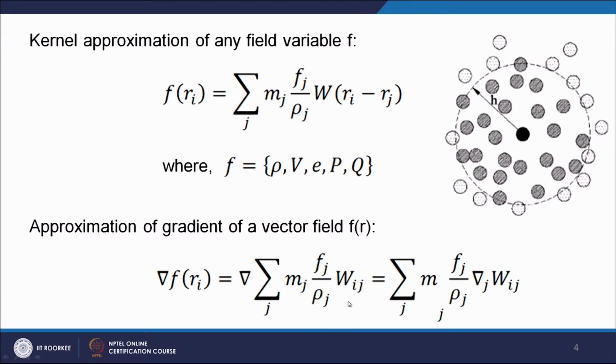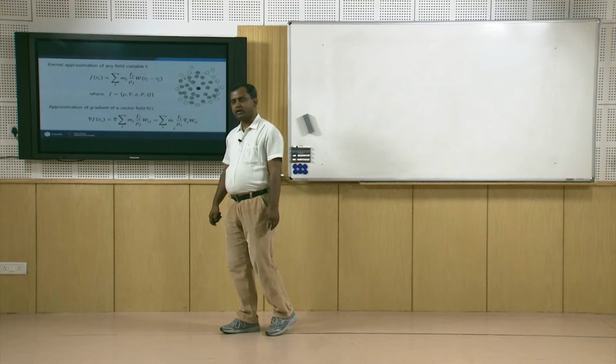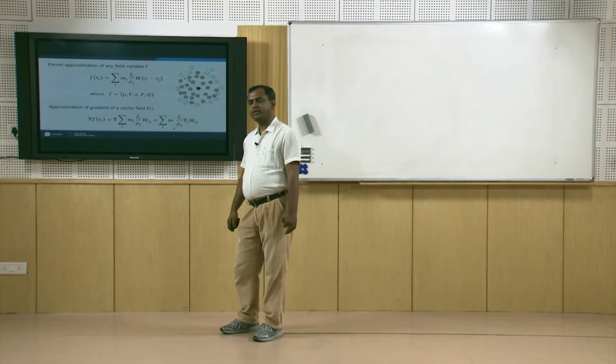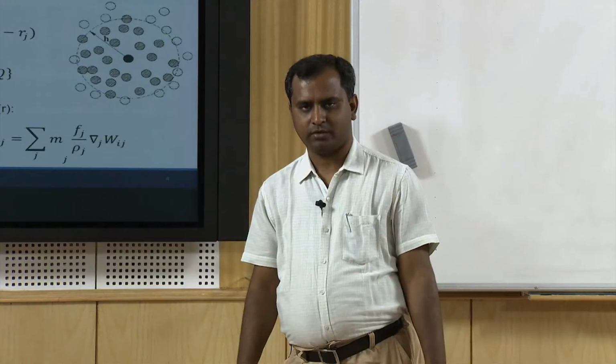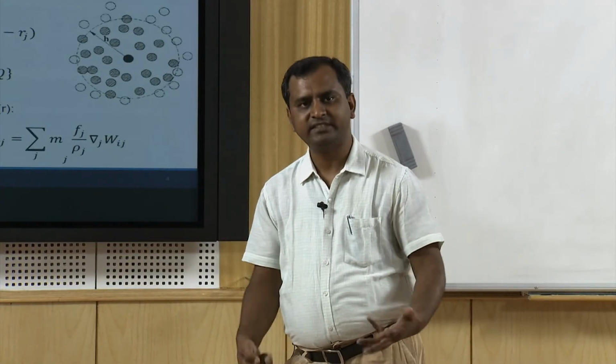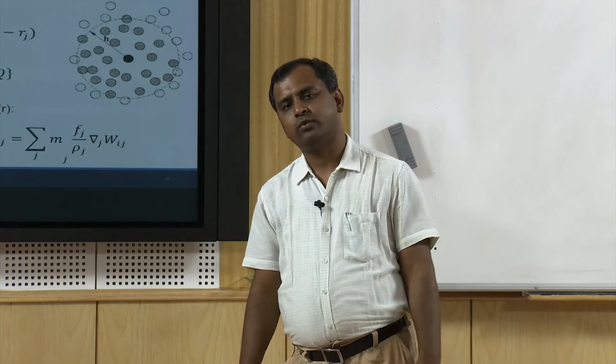So, that can come out, and only the differentiation will act on the smoothing function, W of Ri minus Rj. So, that differentiation only comes over this Wij. This is a very important advantage. Why? Because the field variables you need not differentiate, only the smoothing function which we are predefining or presetting will be working for us.